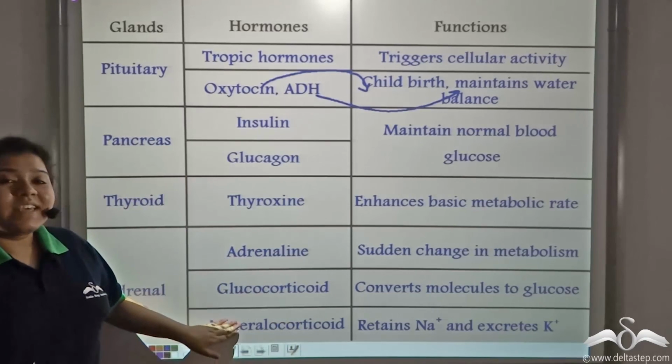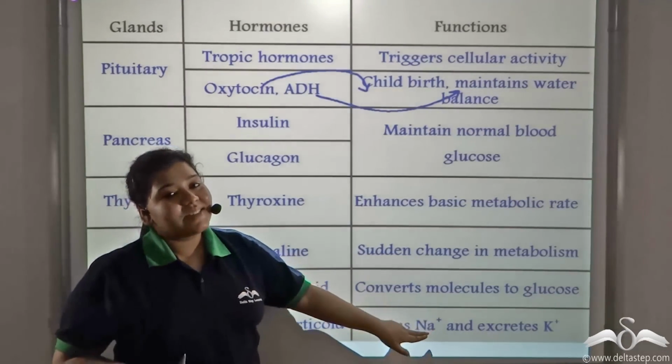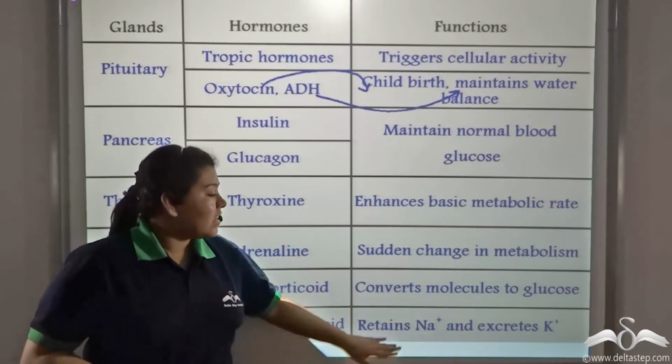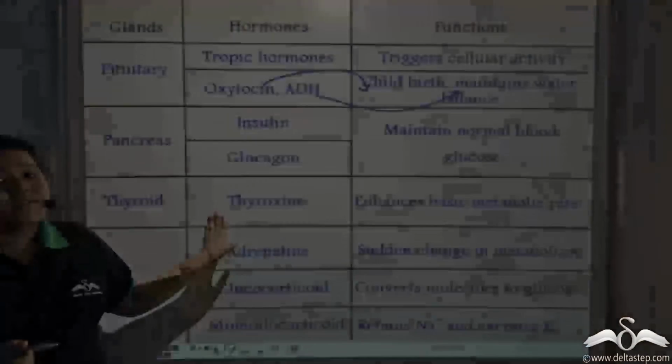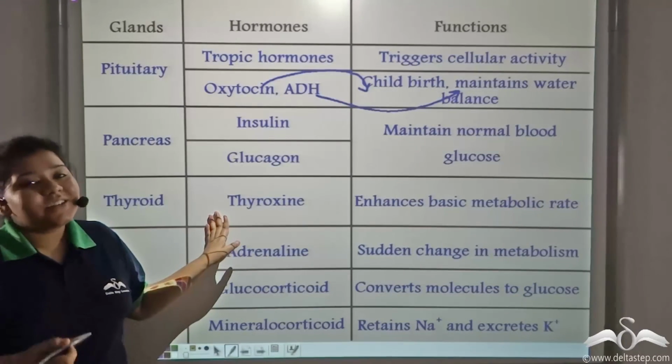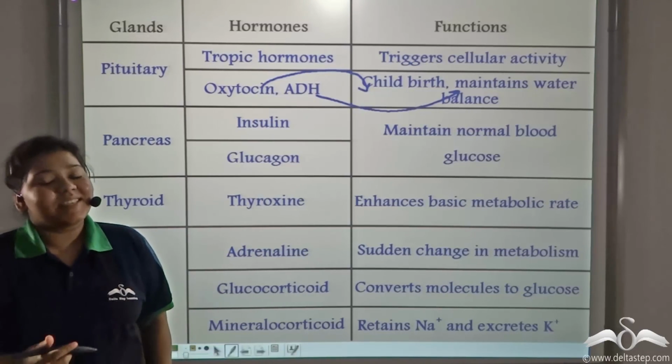And finally, the mineralocorticoid retains sodium ions and excretes excess of potassium ions for the body. So the hormones control and coordinate different activities in the body.